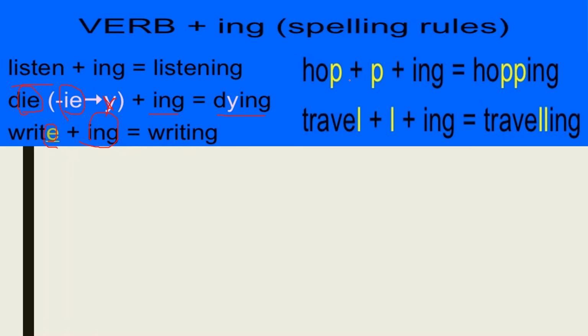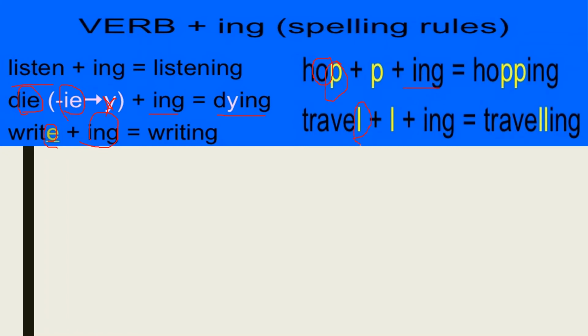Next, if we have the second last character as a vowel, how do we make the verb with ing? Then we simply repeat the last character, which is p here, and then put ing after the verb. Same for the others as well.